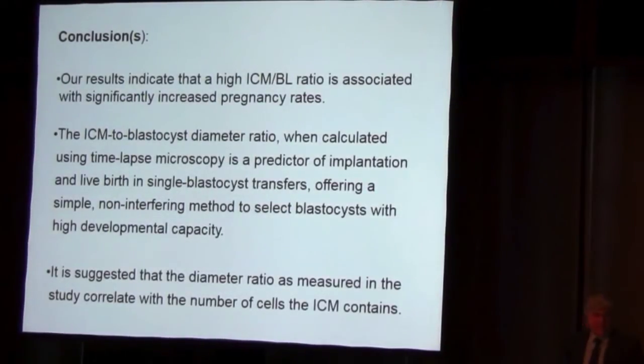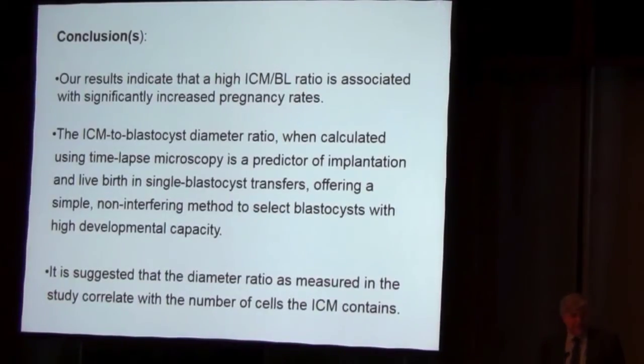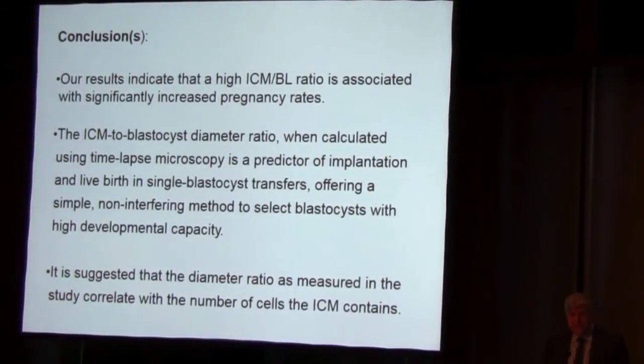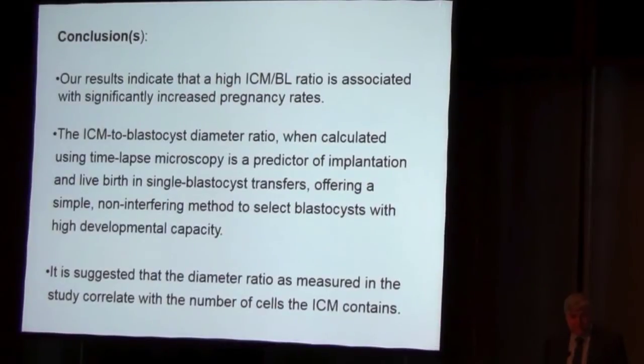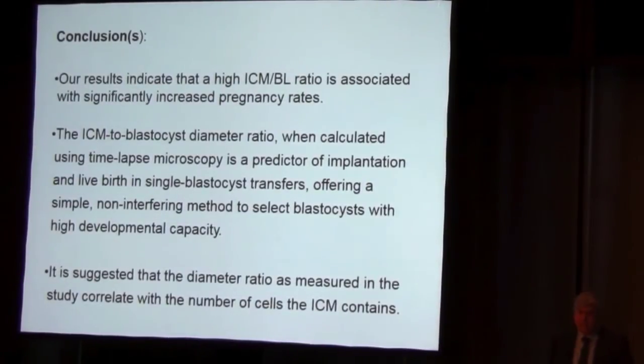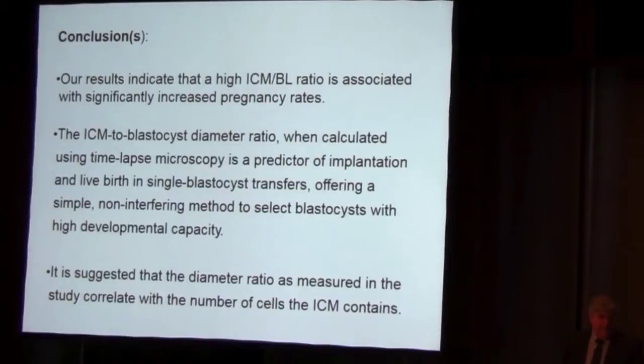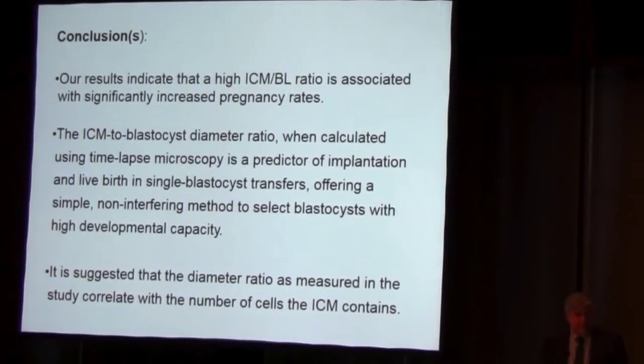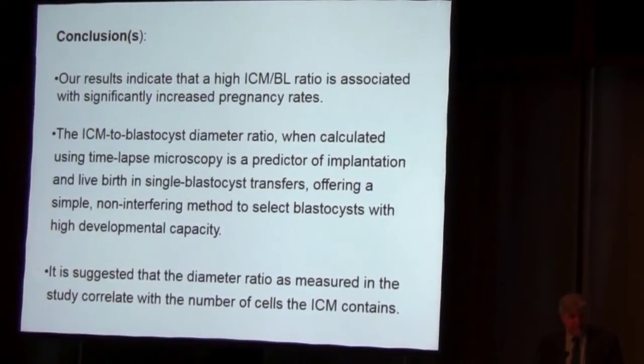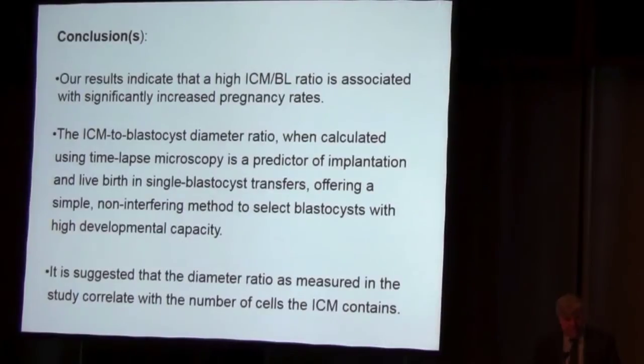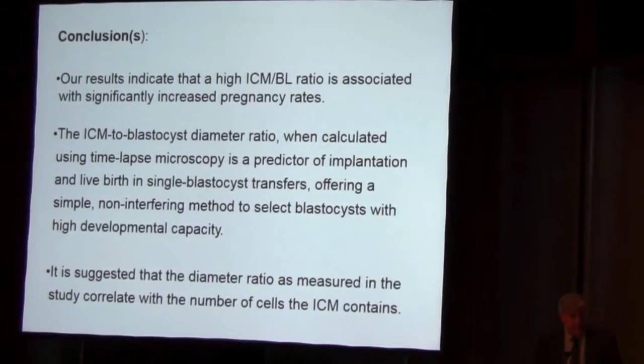So I'd like to conclude the presentation. Our results indicate that a high inner cell mass to blastocyst ratio is associated with a significantly increased pregnancy rate. The inner cell mass to blastocyst diameter ratio, when calculated using time-lapse microscopy, is a predictor of implantation and live birth in single blastocyst transfer, offering a simple, non-interfering method to select blastocysts with high developmental capacity.